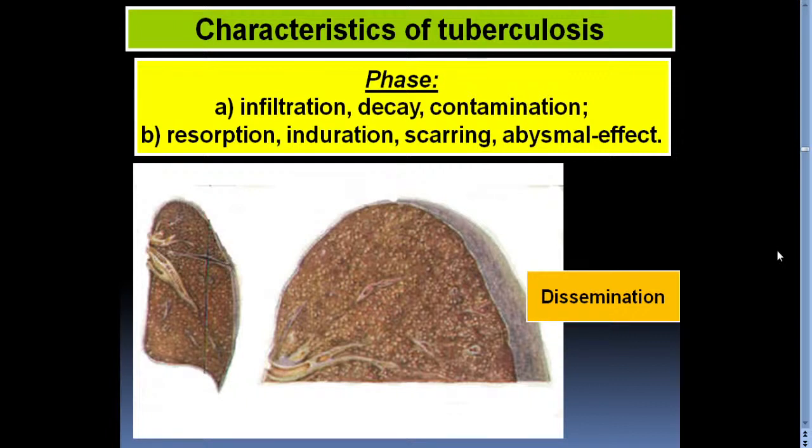And phases of regression: resorption, induration, scarring, and calcification. These are phases of regression of the process, or phases of outcome of the disease. And on this photo, you can see the phase of dissemination. Many focal shadows, lesions in the lung.